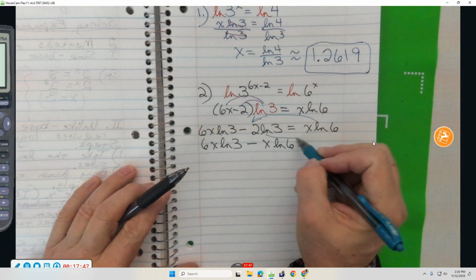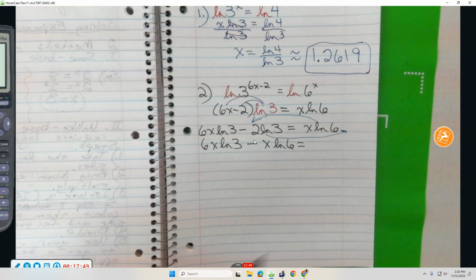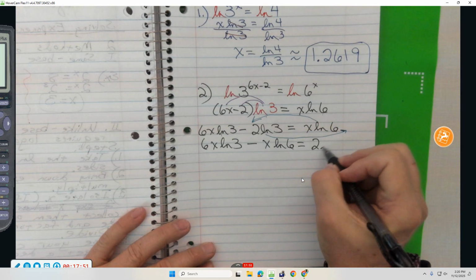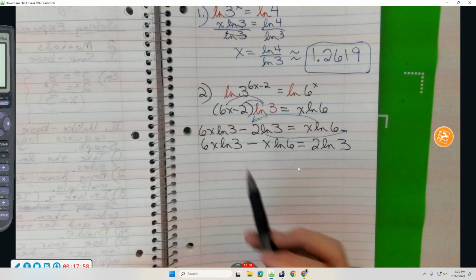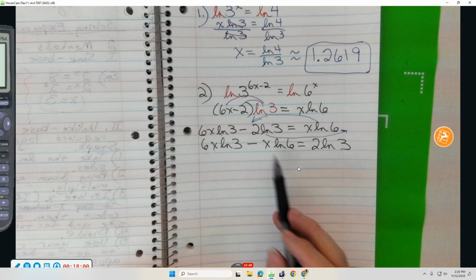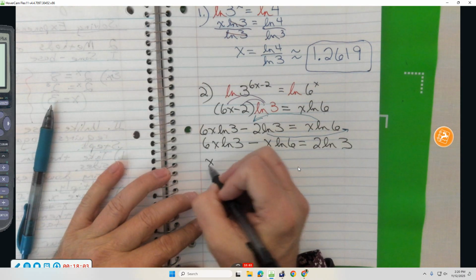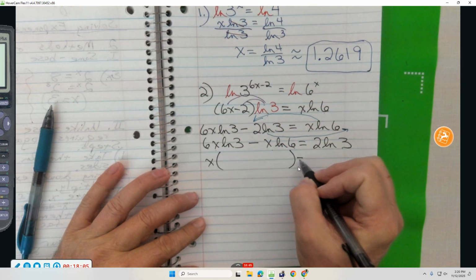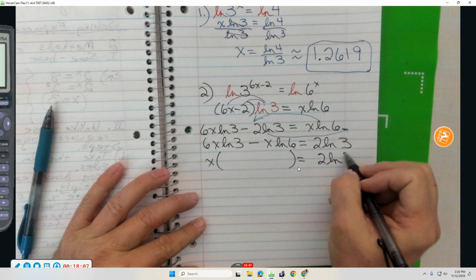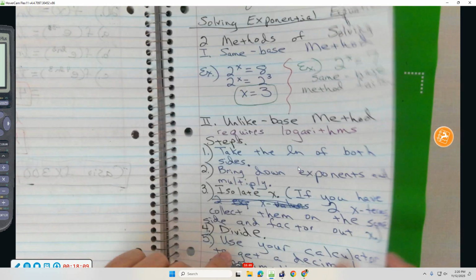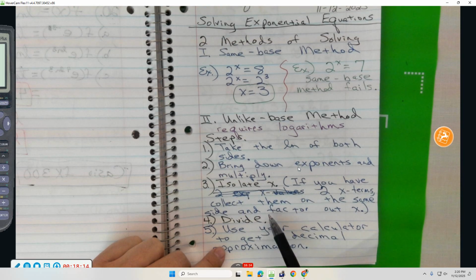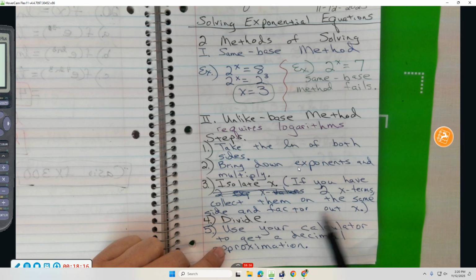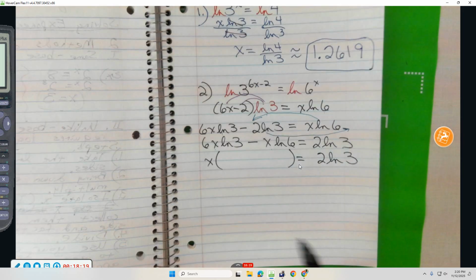I'll add it to give me a positive 2 ln3. Now we have multiple x terms, so we're going to factor out an x. If you have two x terms, collect them on the same side and factor out x. That's what I'm doing right now.